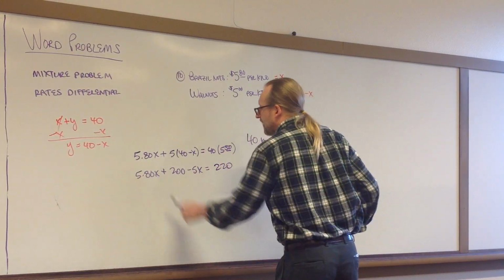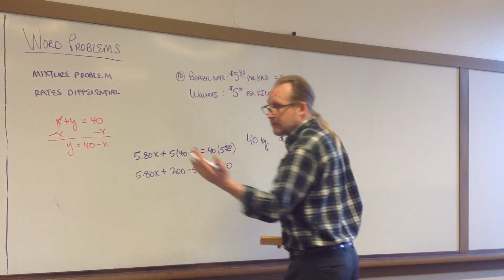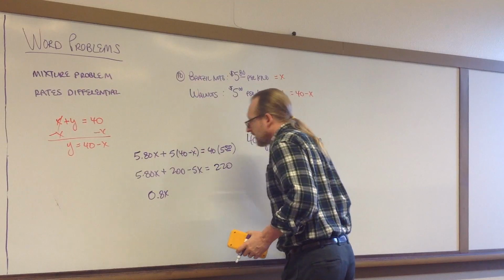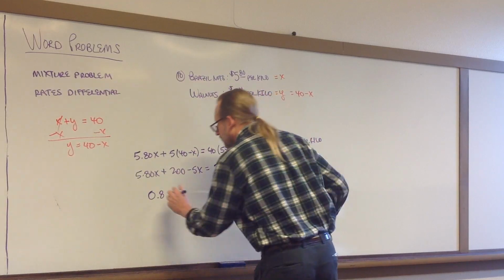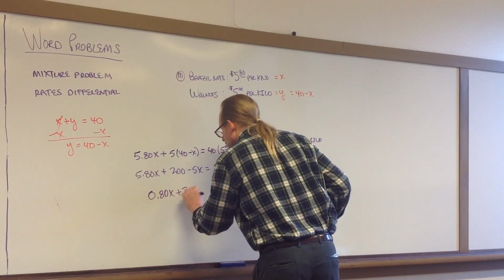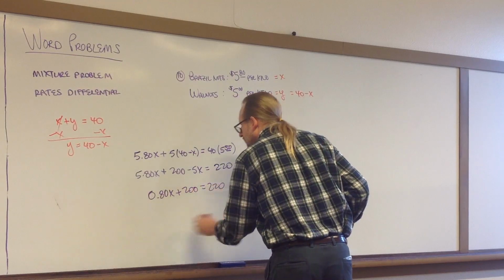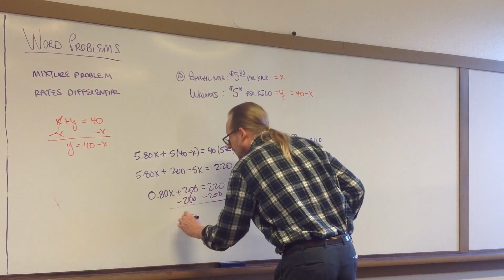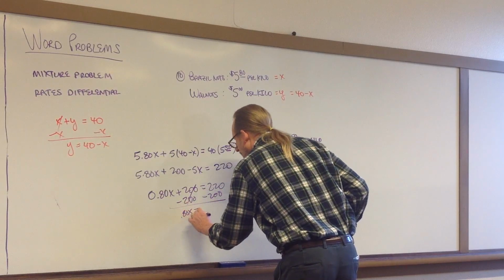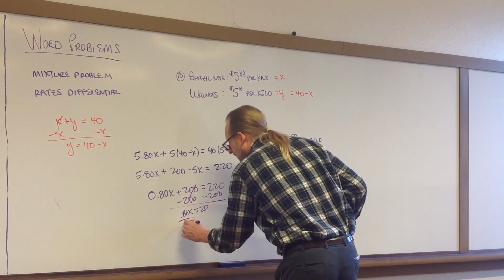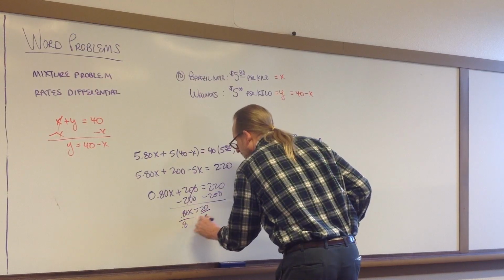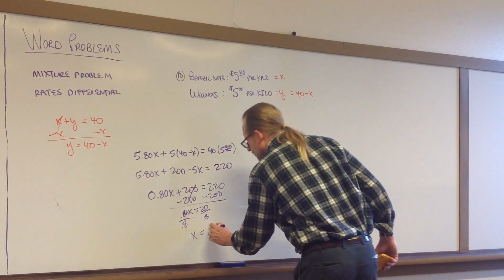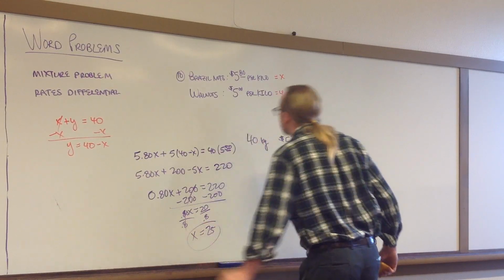Okay, 5.80 minus 5.00 is going to be 0.80x. We don't really need the 0, but I'll put it in there. Plus 200 equals 220. Subtract the 200 on both sides, and then divide on both sides by 0.8. And x is going to be equal to, looks like, 25.